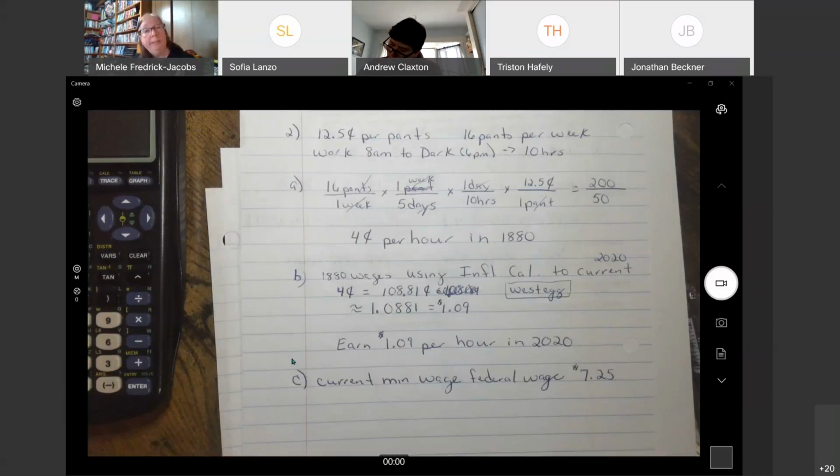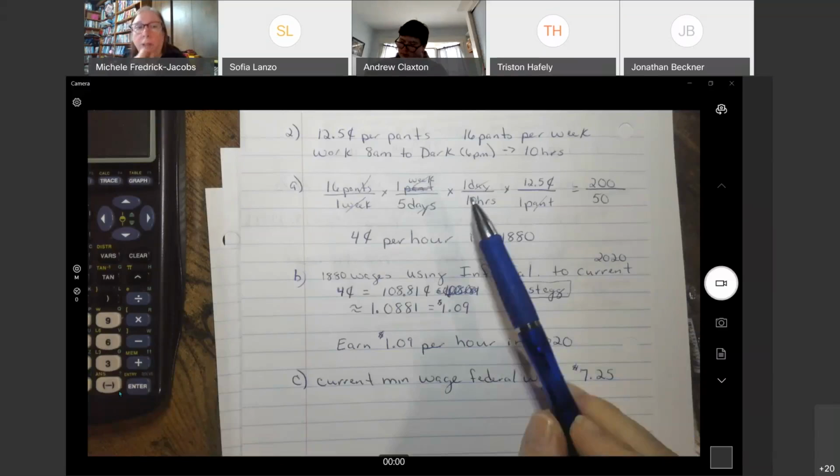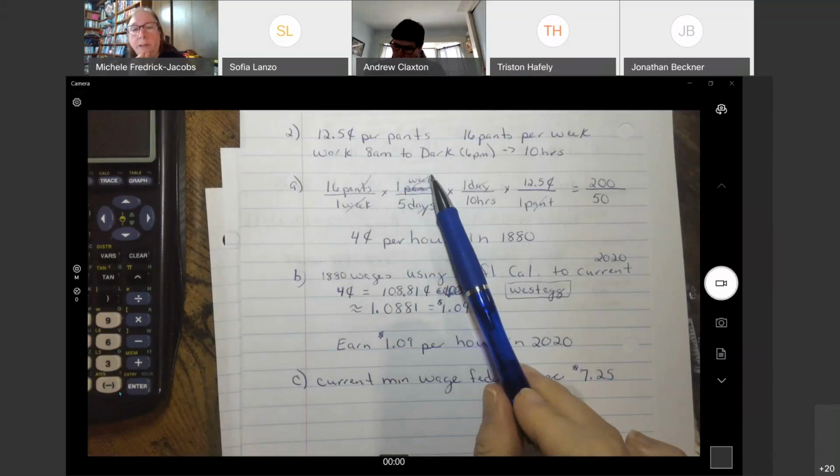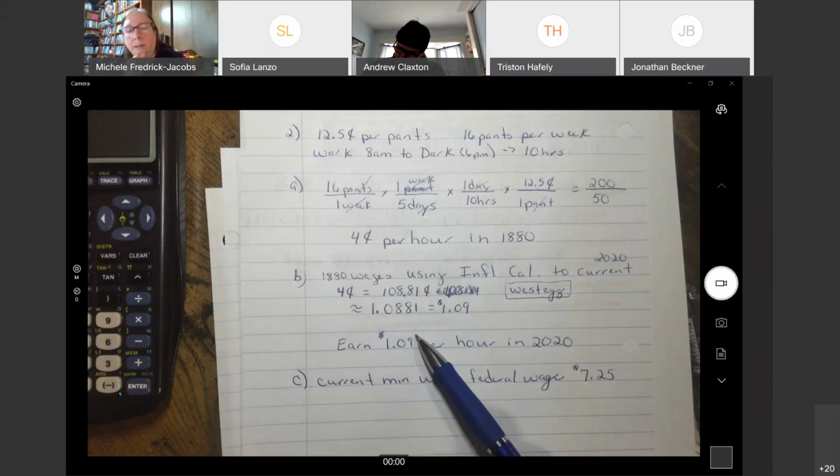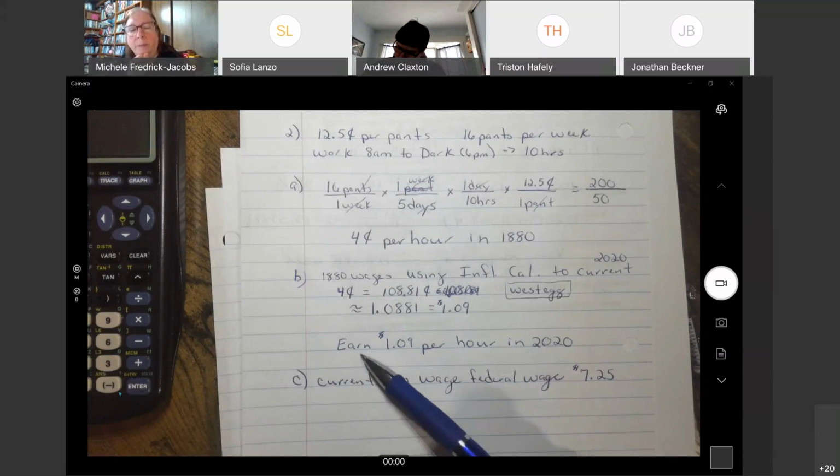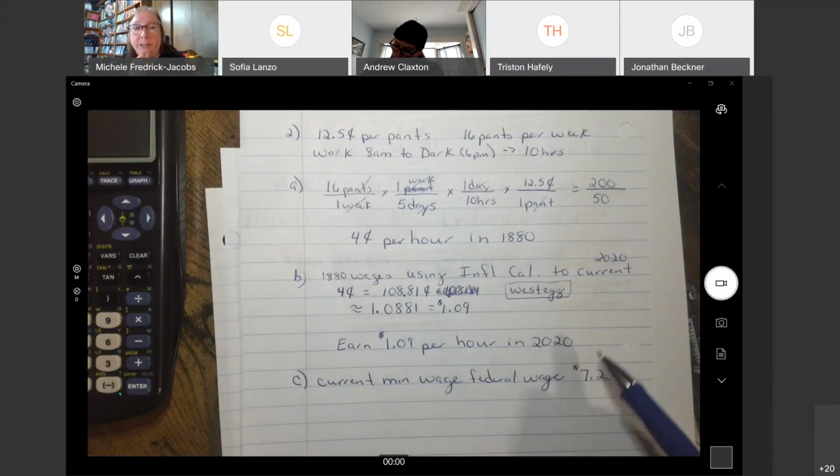So there's a big difference. Currently, our minimum wage is 7.25. And inflation-wise, they would only be making $1.09. So we're definitely above inflation from 1880 at least.